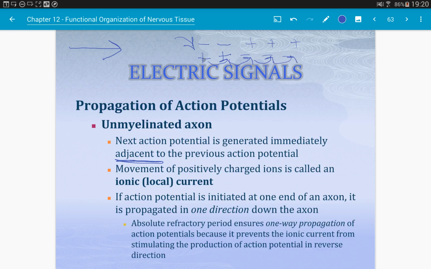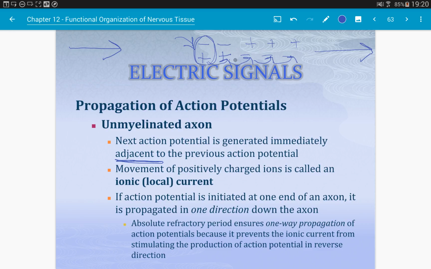And as you stimulate the next area, the one behind it is going through repolarization, and it has that refractory period, the absolute refractory period, where it cannot be stimulated anymore. And because of that, that is why the signal only can go in one direction. Okay? That's the key. That's why it goes in one direction. And so you have a depolarization.